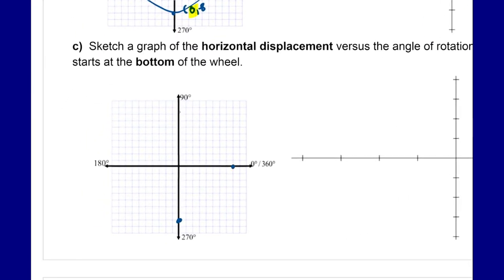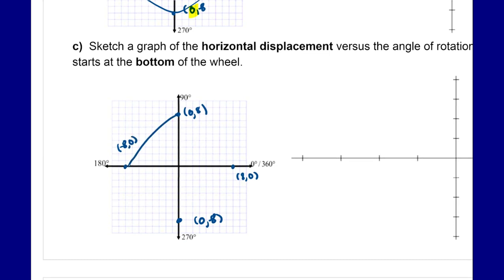We're still going to have those same points. Right? 8, 0. Oops, got these wrong. 0, -8, 8, 0, 0, 8, -8, 0.